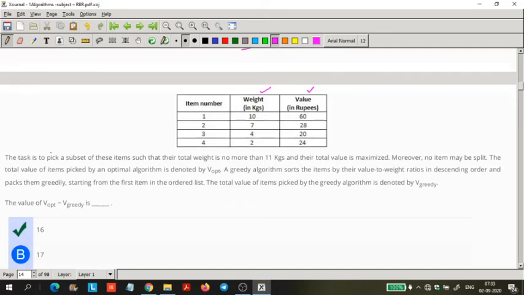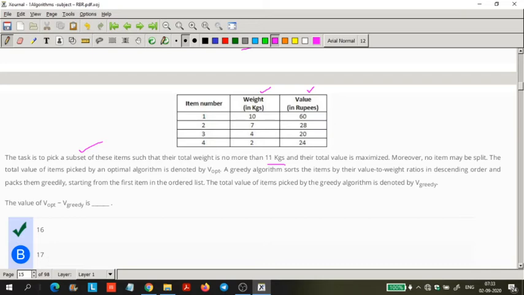So here the task is to pick a subset of these items such that their total weight is no more than 11 kgs.